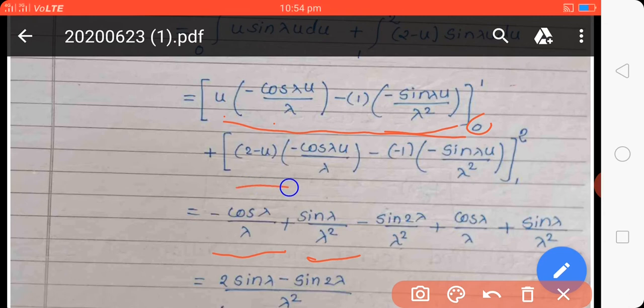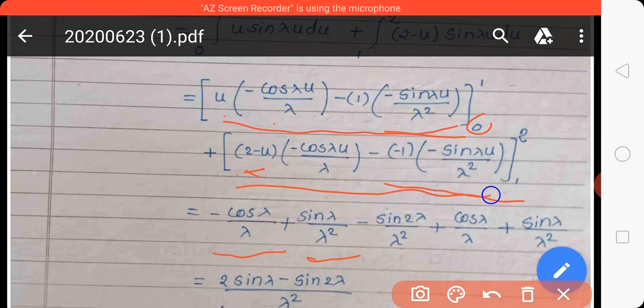Now we take the second. In the second put the upper limit 2. If we take 2 minus 2, then we got 0. Therefore this first term is equal to 0. Now in the second term we put u equal to 2, then we got the term minus sine 2 lambda upon lambda square. Now we put the lower limit 1.